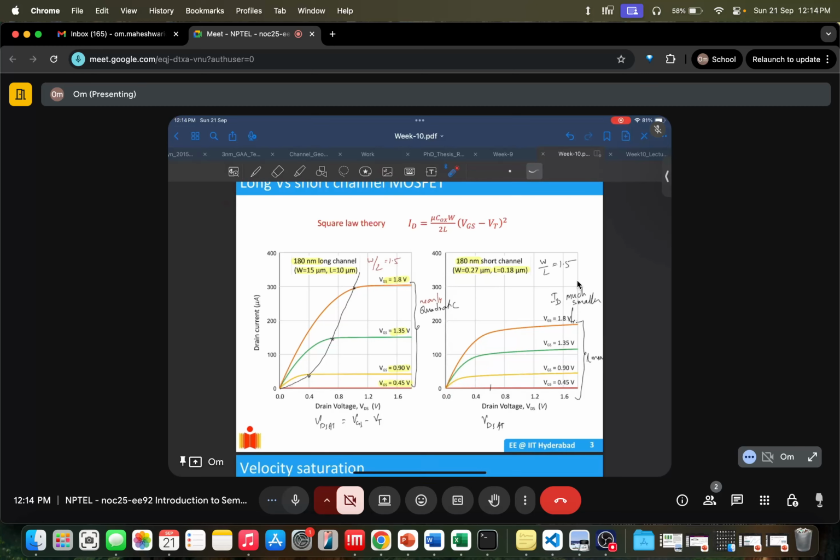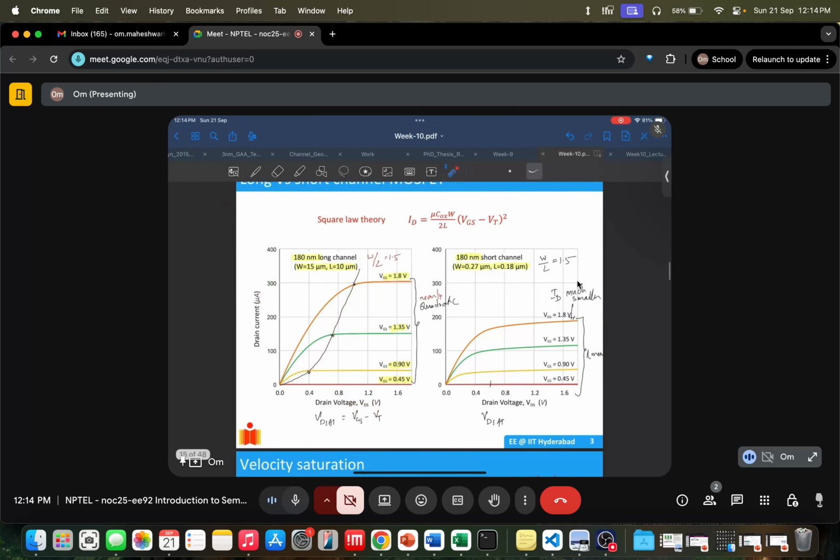This is a big difference in the short channel effect, and it is caused by velocity saturation. When saturation happens due to pinch off, you have this quadratic dependence of ID on VGS. But if saturation happens due to velocity saturation, then ID has a linear kind of dependence on VGS.